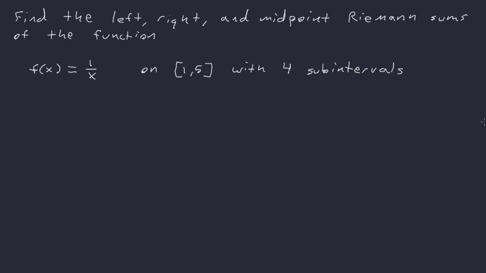To start with, I want to look at my delta x, which again is b minus a over n. In this case, it's going to be 5 minus 1 all over 4, which is 4 over 4, which is 1. So the length of our subintervals is 1.